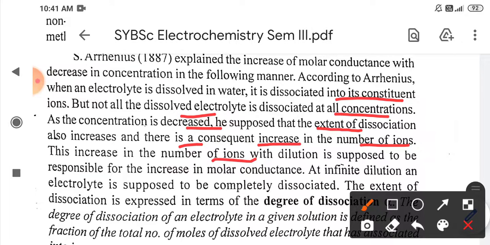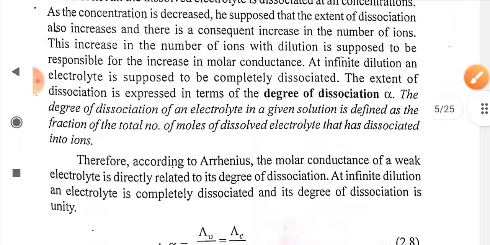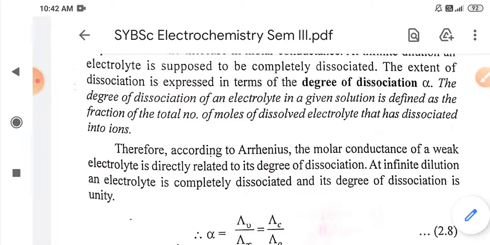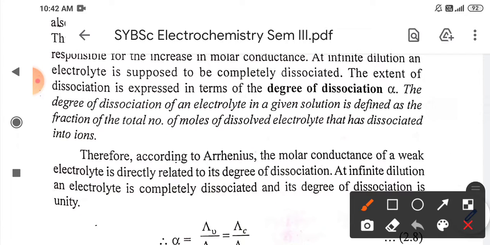This increase in the number of ions with dilution is supposed to be responsible for the increase in molar conductance of a solution. At infinite dilution, an electrolyte is supposed to be completely dissociated, and the extent of dissociation is often expressed in what?